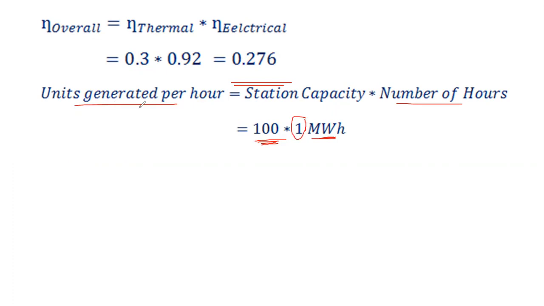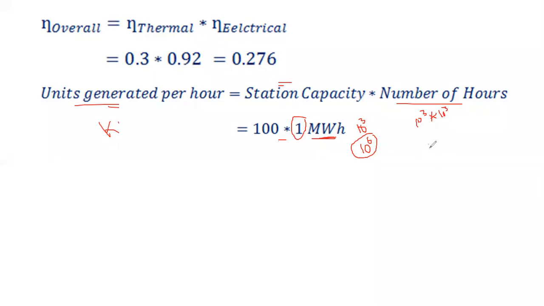But generally the units generated should be represented in terms of kWh. Here the unit is in terms of megawatt hour, and we can split it into kilo. Kilo means 10 to the power of 3, but mega means 10 to the power of 6. We can split this value into 10 to the power of 3 into 10 to the power of 3, since a to the power of m into a to the power of n is a to the power of m plus n.